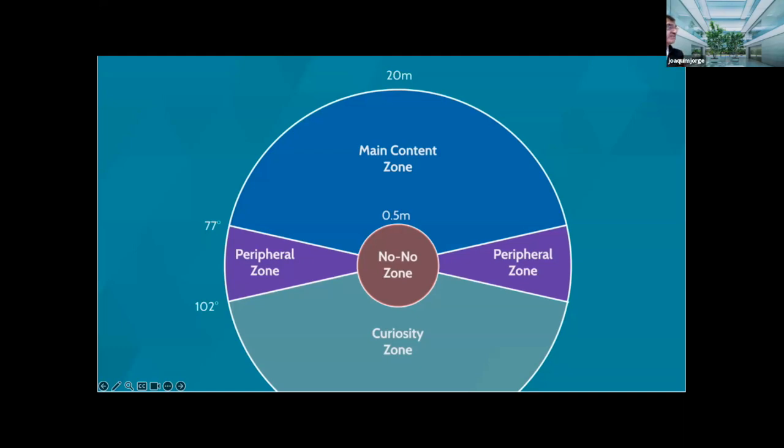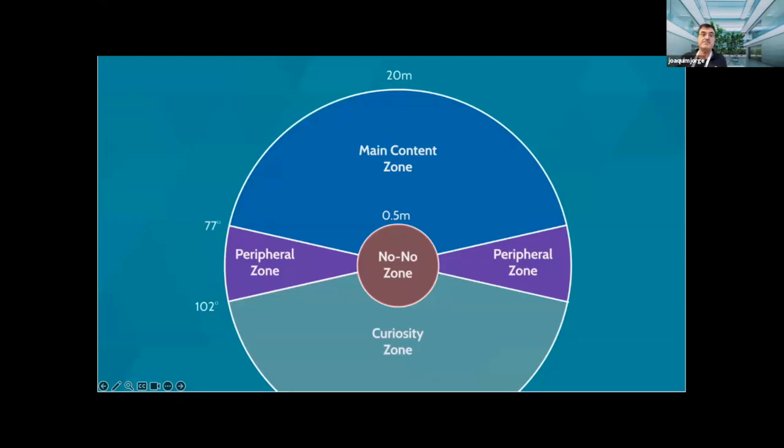These points between 77 degrees and 102 degrees are our peripheral vision. You can use that to capture the attention of the person. Here is where you should not put content that people should interact with. That's the curiosity zone. I have to turn my head to the back because I don't have eyes in the back of my head, and only curious people will explore here.